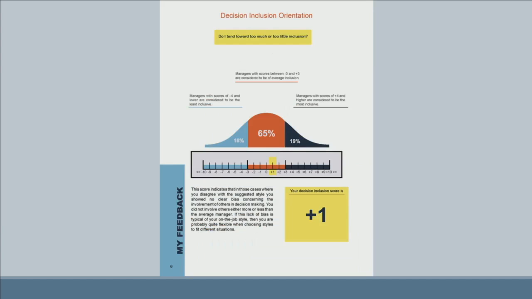The next page looks at all of them together when you compare all of the styles. Did you tend toward the inclusive, where teaming is the maximum choice, or the uninclusive, where directing is the chief style?